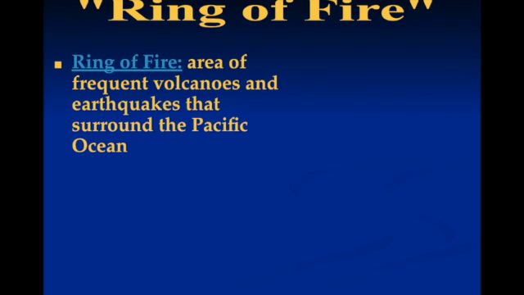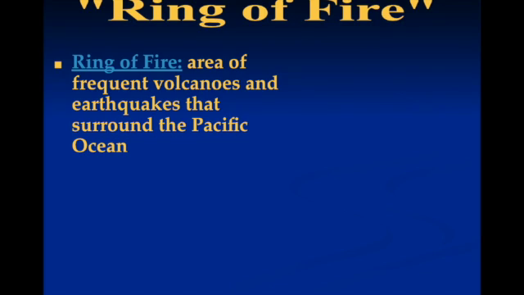Okay, so let's talk about the ring of fire, which is in your notes document. And hopefully you noticed the ring of fire. The ring of fire is this area of frequent volcanoes and earthquakes that surround the Pacific Ocean. So it should be really obvious to you as you did the plate boundary map activities, especially because the Pacific Ocean was centered on that map.